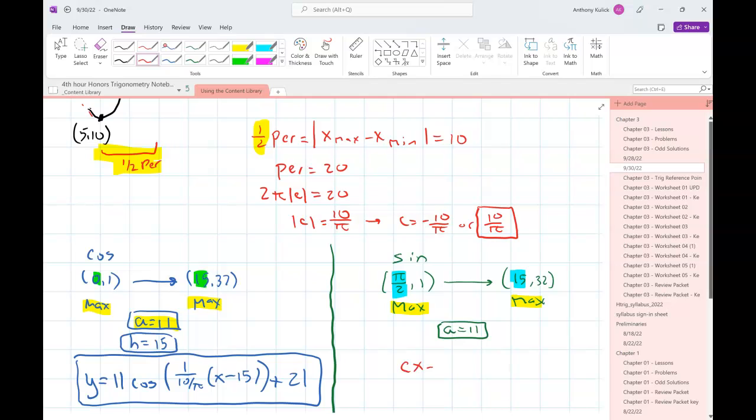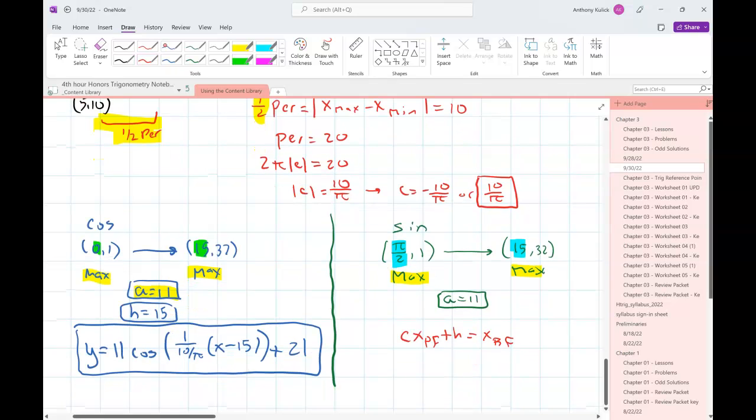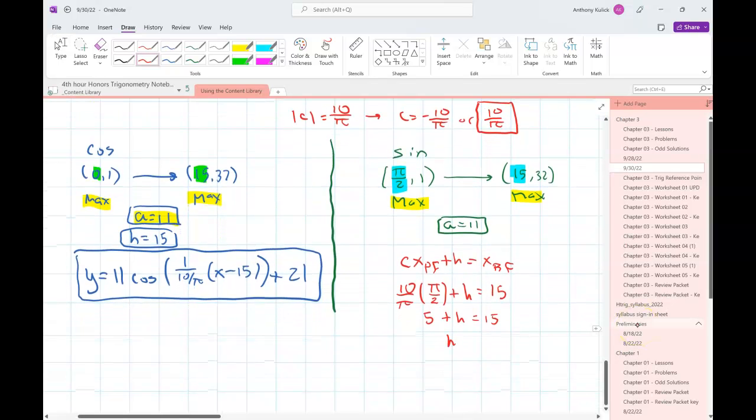I'm going to have Cx parent function plus H equals x from the resultant function. So my C was 10 over pi times pi over 2 plus H has to give me 15. So H had to be 10.